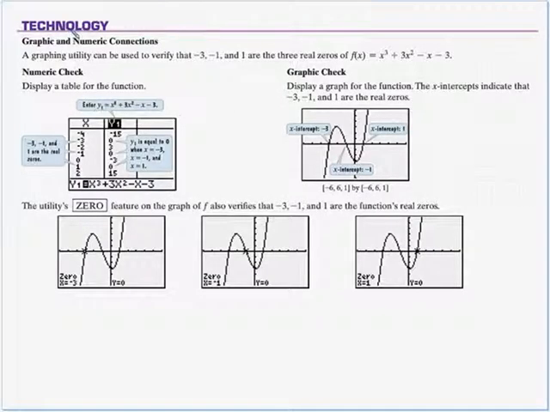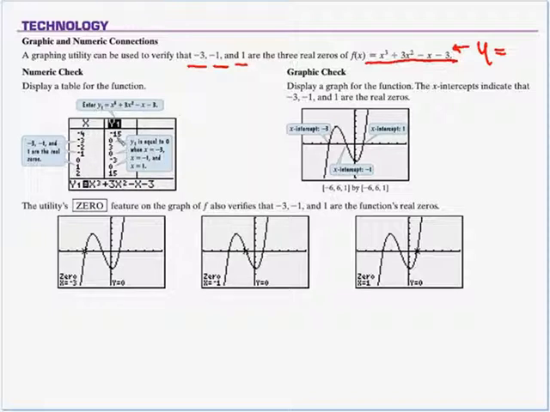On the graphing calculator, let's see here, graphic and numeric connections. A graphing utility can be used to verify that negative 3, negative 1, and 1 are the zeros of this polynomial that we just found in that last example. Numerically, you would punch this equation into the y-editor. That'd be the green diamond F1 key. And you'd plug in the equation, hit enter, and then you could go to the table.